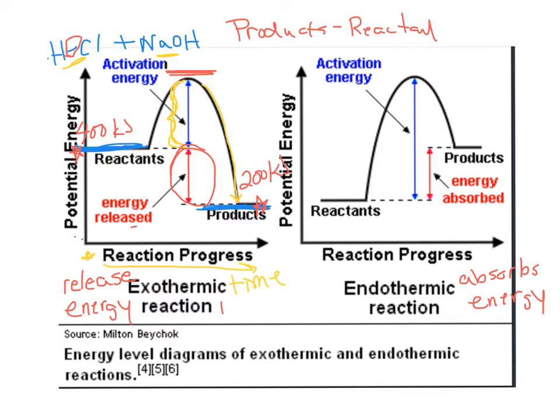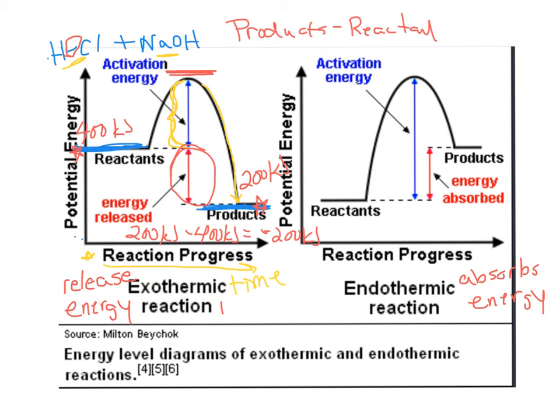So we would do 200 kilojoules minus 400 kilojoules, which would equal negative 200 kilojoules. What does that negative mean? It means that energy was lost. Energy from the reactants to the products was lost to the system.